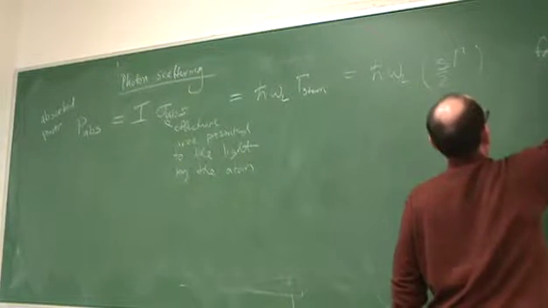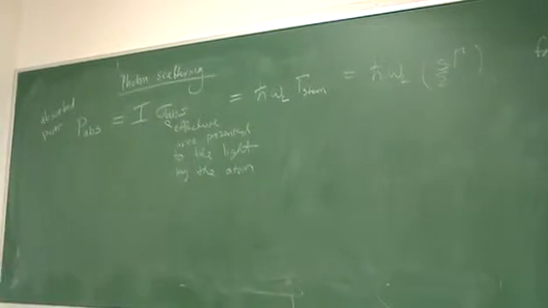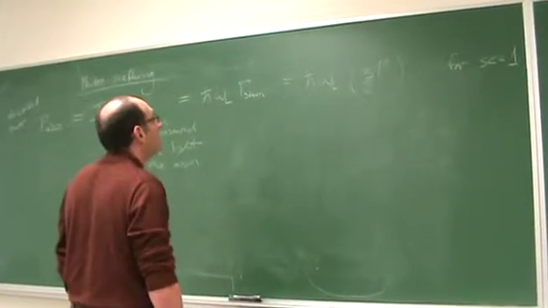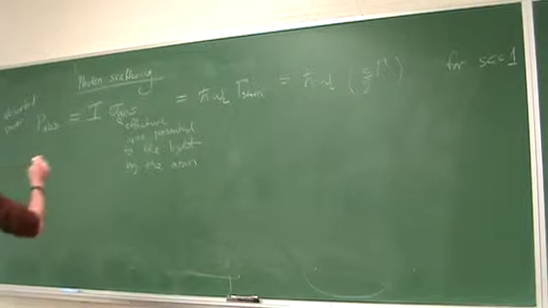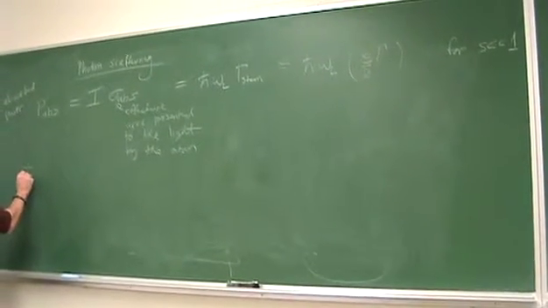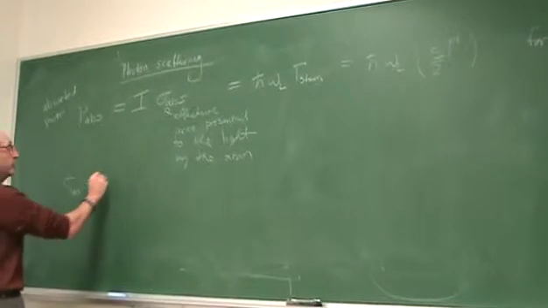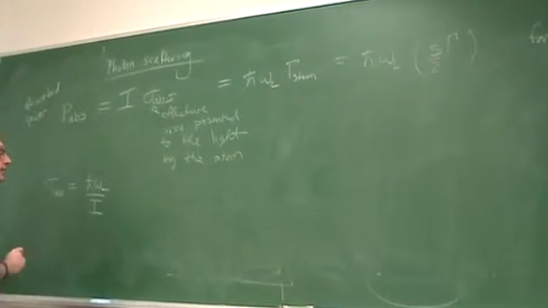This was for S much less than 1. So, what does that tell us? We can calculate this absorption cross-section, which is equal to h bar omega L over the intensity.